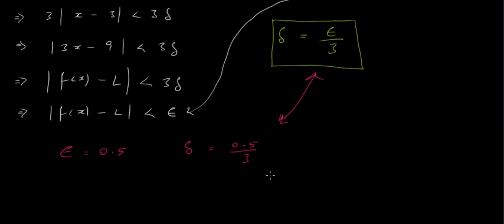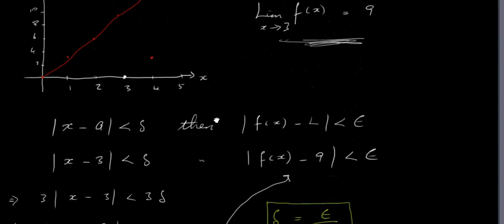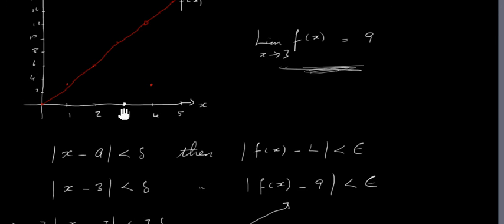So once you give me this epsilon, all I have to do is divide it by 3, so my delta is 0.5 over 3. Then all I've got to do is find an x value within this particular delta.